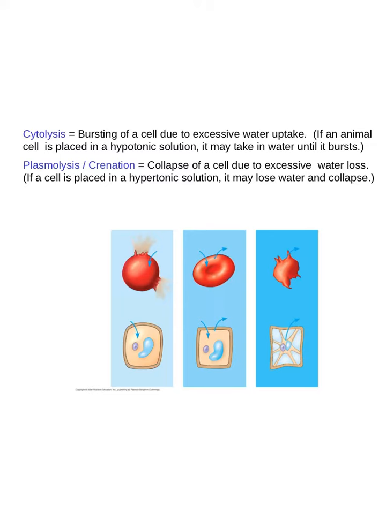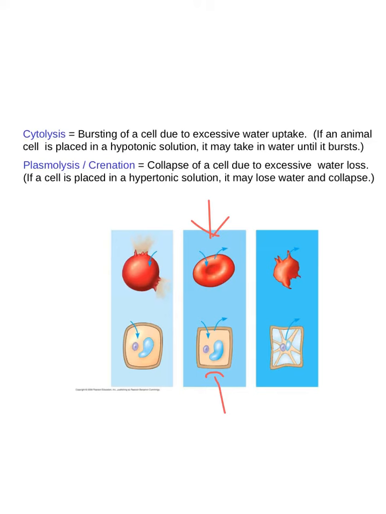So if we looked at, say, a normal human red blood cell, it would look something like this, right? And they look kind of like a disc that's been squeezed in the middle. A normal plant cell, well supported down here, right? And both of these might be in isotonic situations.